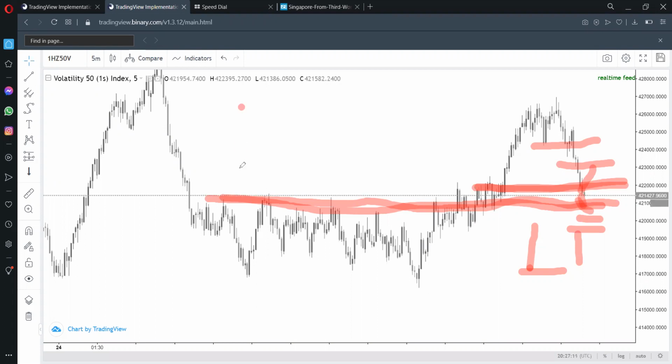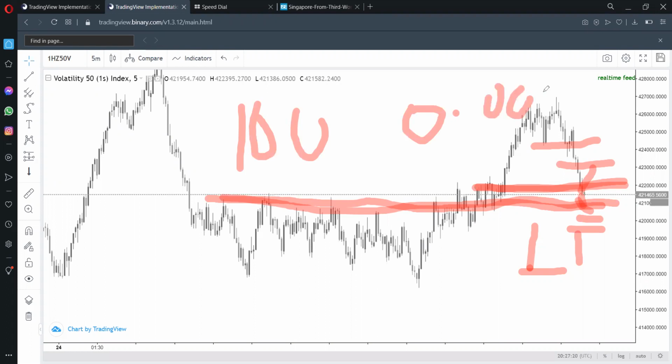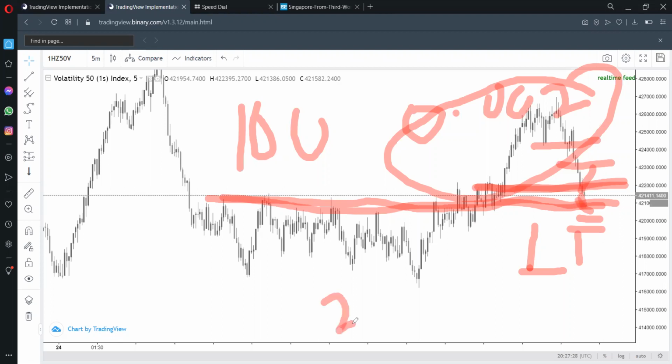If we are trading with a $100 account and we are trading Vix 75, your maximum lot size should be 0.002. This should be your maximum lot size, and you should open only 2 positions.